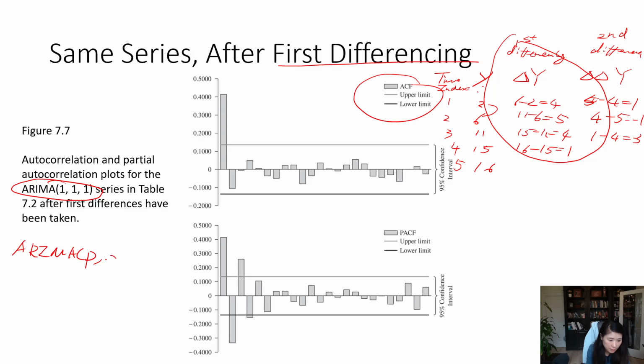For the 3 parameters inside this expression, p corresponds to how many AR terms you want, d corresponds to how many integrated terms you want, and q is related to how many MA terms you want. In this case, for the AR, we use 1 term, AR1. The I corresponds to 1, which means we only had the first differencing. And MA corresponds to 1 as well, so for the MA term we only had MA1. That is how you should read the numbers within this expression.